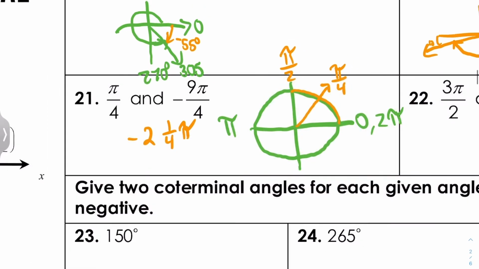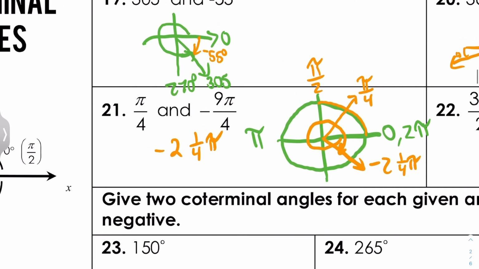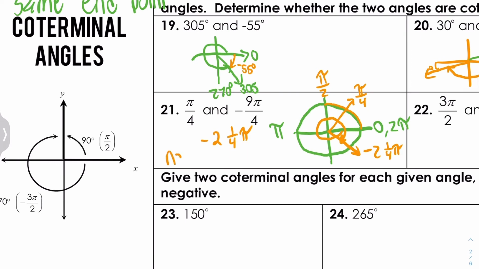So if we go in this negative direction, we would go negative 2 pi's, and then we would go 1/4 more. And that would put us down here. Negative 2 and 1/4 pi's, which does not have the same ending point as pi over 4. So these are not coterminal.